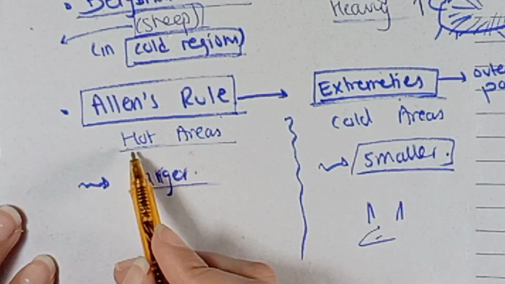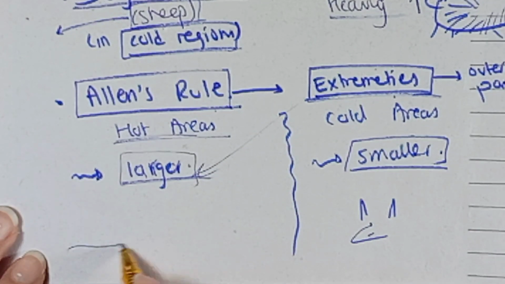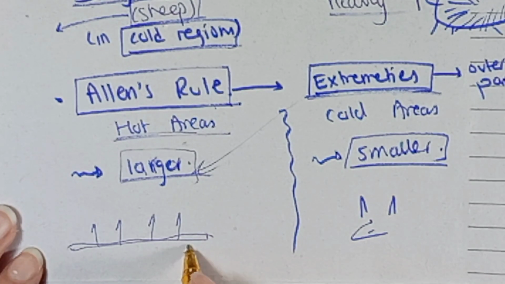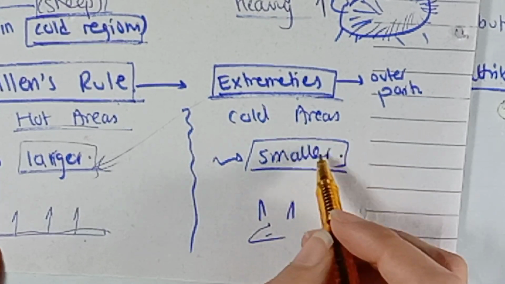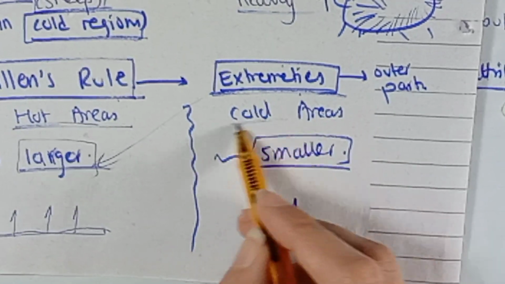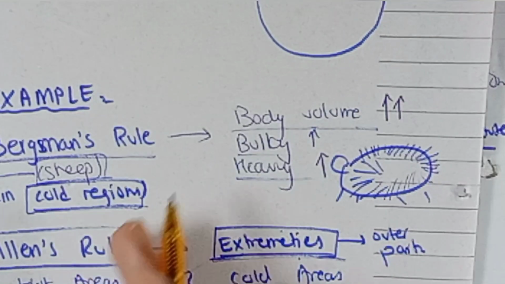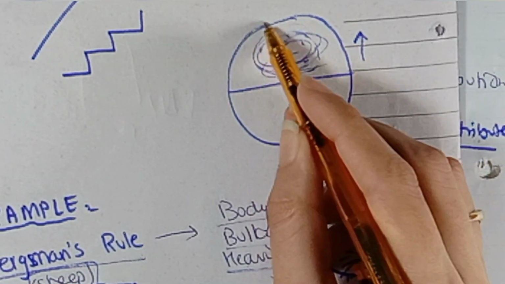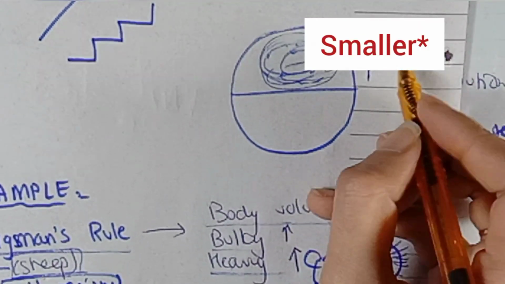So in hot areas, the larger extremities would help in evaporation and forming the cooling effect. Similarly, the smaller extremities would protect from cold. So this was the example of the cline: that species of sheep has a large body volume, heavy and bulky, in the cold areas, and smaller extremities.